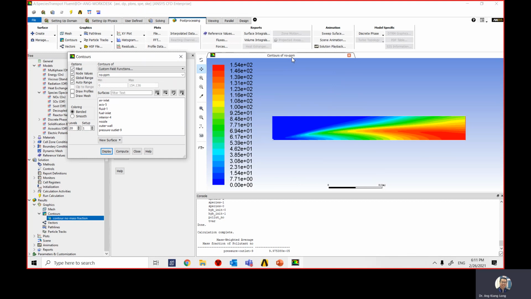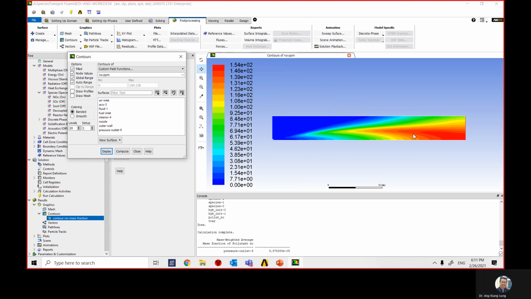Parts per million. It means how many atoms or molecules of nitrogen oxide you have in a million. The maximum number here will be 154 per million. 154 molecules of nitrogen oxide in this region per million.